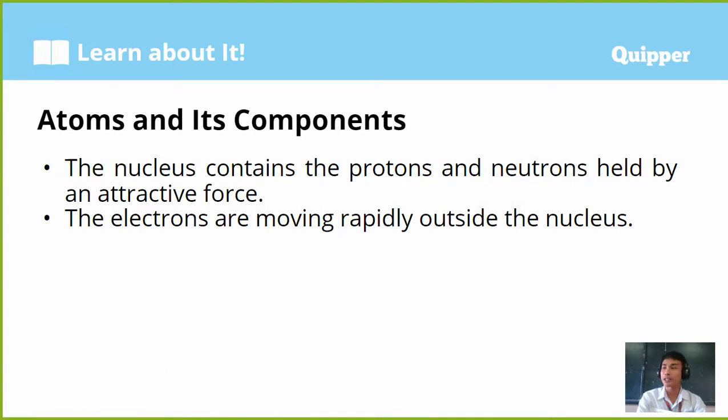After several experiments, it was discovered that the nucleus, or the core of an atom, contains a proton and a neutron, which are held by an attractive force. The electrons are moving rapidly outside the nucleus. Electrons are in constant motion outside the nucleus.